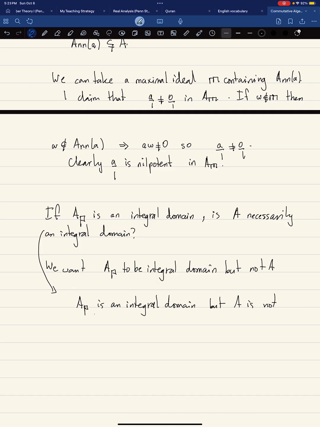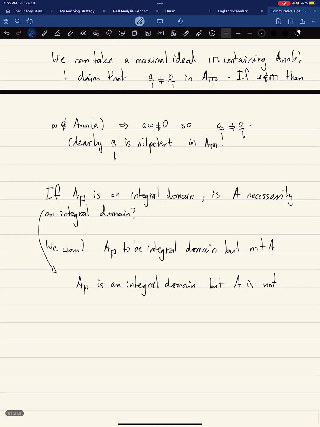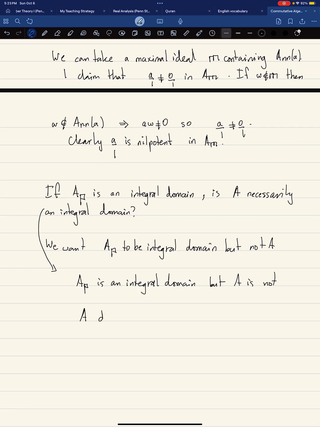Then because AP does not contain any nilpotent elements, A should also not contain nilpotent elements. So we have to construct an example of a ring which is not an integral domain and also does not contain any nilpotent elements.